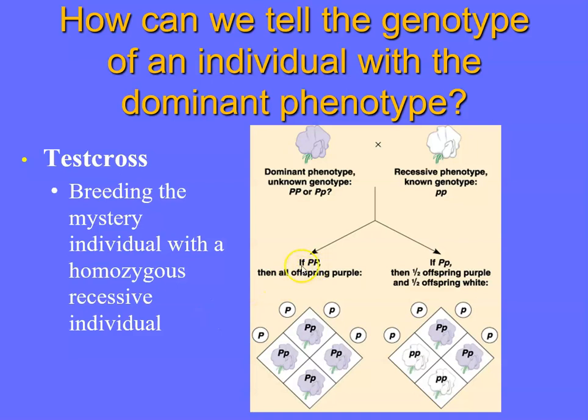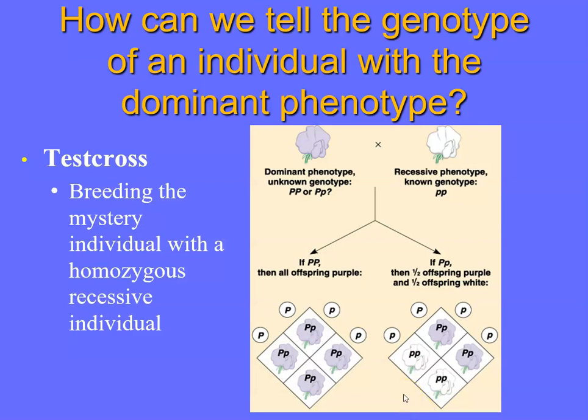If the dominant genotype is big P, big P, as shown on the left, then the outcome of that cross would be 100% purple flowered plants. However, if the dominant phenotype was heterozygous, big P, little p, then as you see here, there would be a 50% chance, or half the offspring, would be purple and half the offspring would be white.